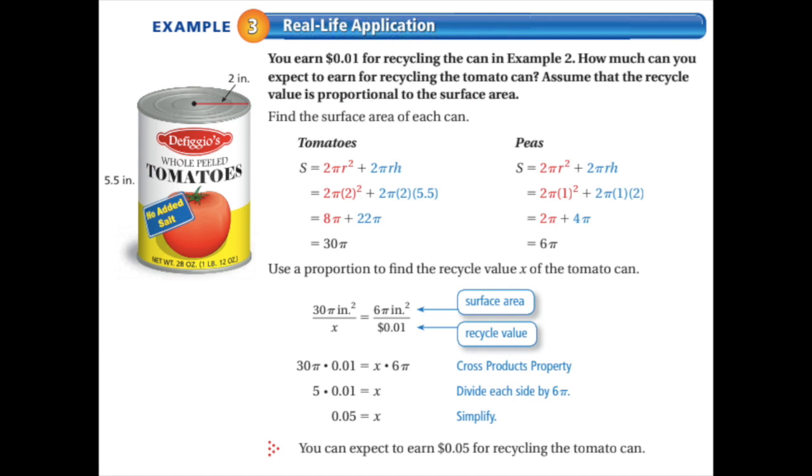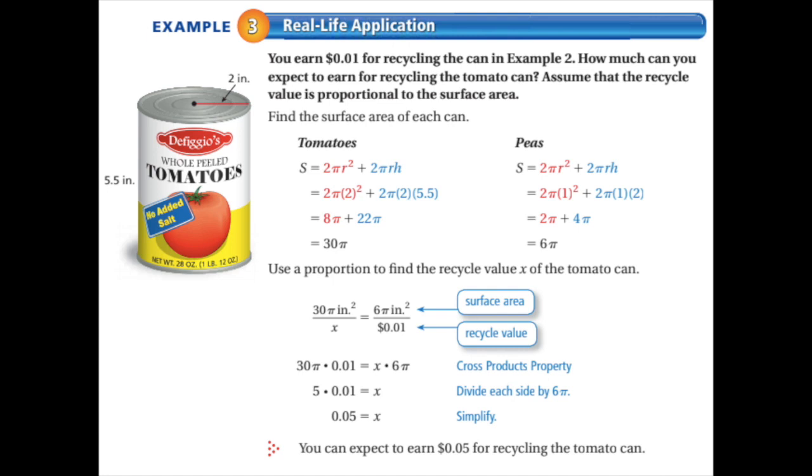If you look at the relationship between 30 pi and 6 pi, you can see that there is a relationship there. Within the very first sentence of the question, it does tell us that we earn 1 penny for recycling the can in example 2, which was the pea can. Here, the textbook asked us to set up a proportion, and so that's what they did.